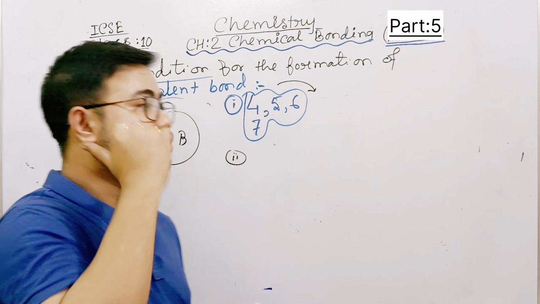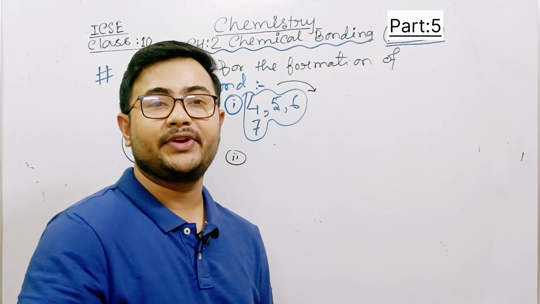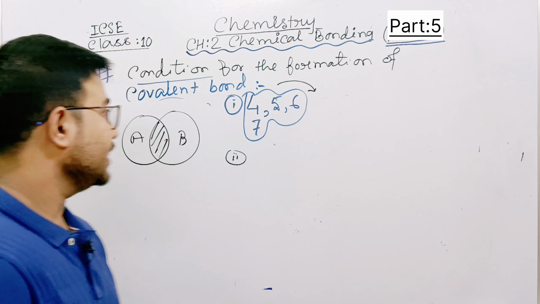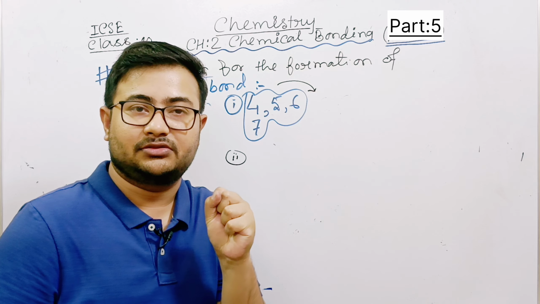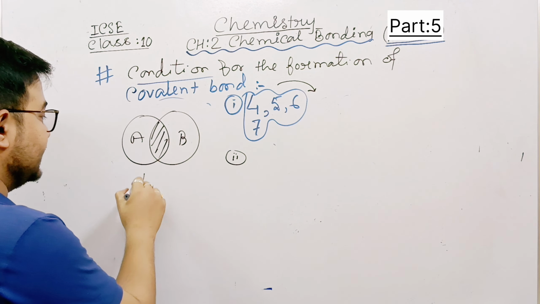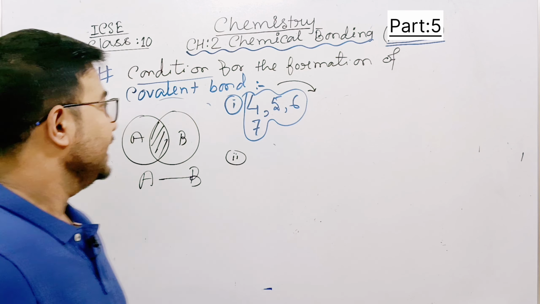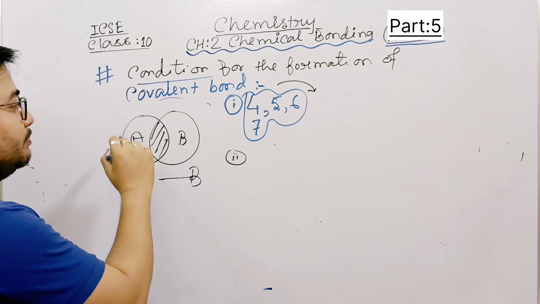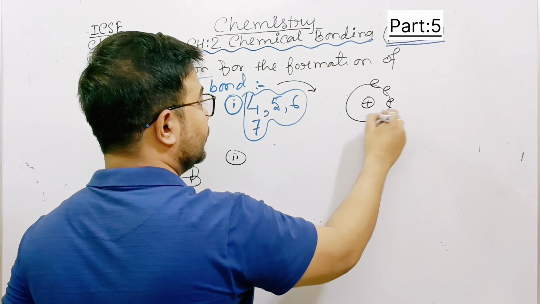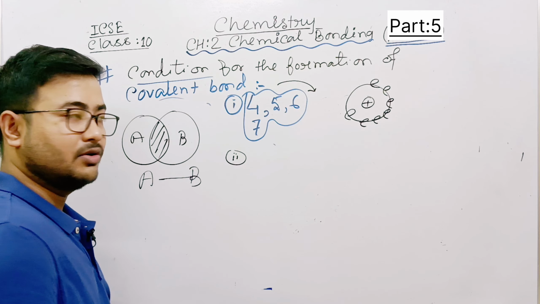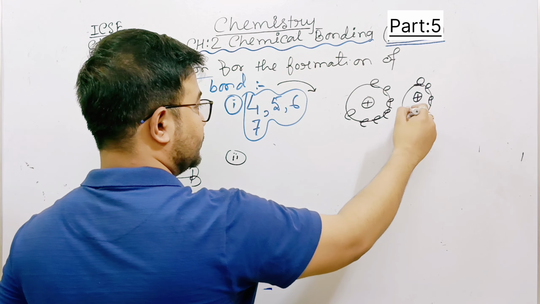Okay, now do you know what electron affinity is? Electron affinity means trying to accept the electron. Now in this case A bond B, both atoms are present. Suppose the outermost shell contains 1, 2, 3, 4, 5, 6, 7, and another atom also has 1, 2, 3, 4, 5, 6, 7.